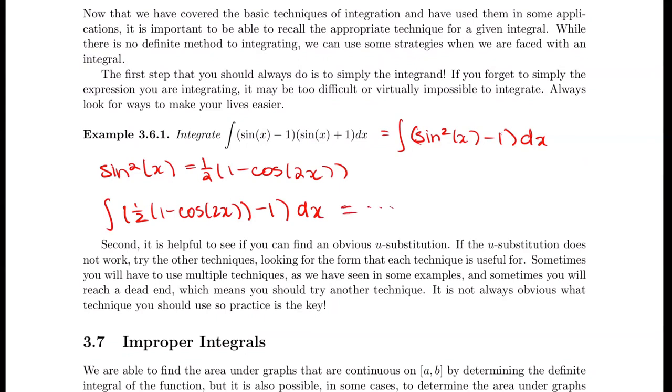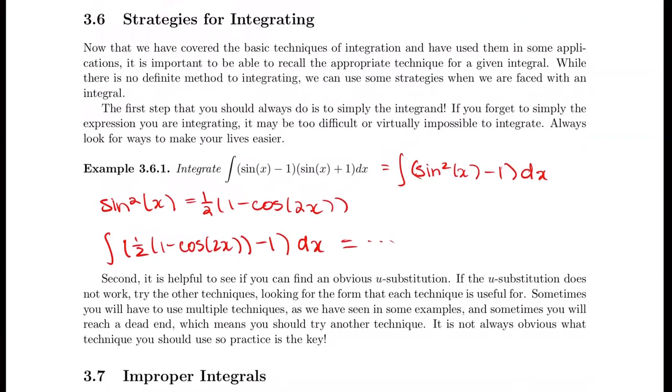So next, sometimes see if you can find an obvious u substitution. If the u substitution does not work, try the other techniques that we have talked about, whether it be integration by parts, trig substitution, trig integral, or partial fractions.